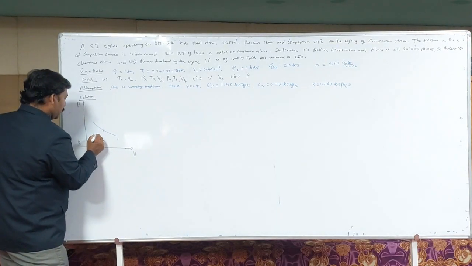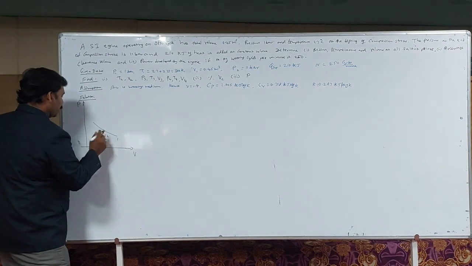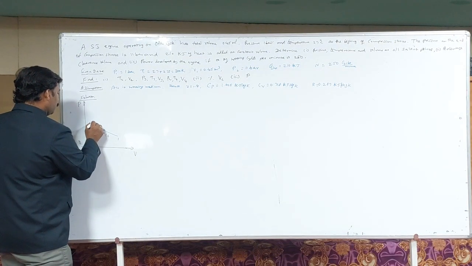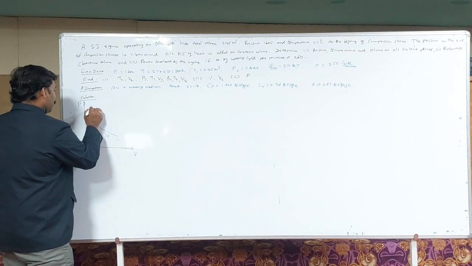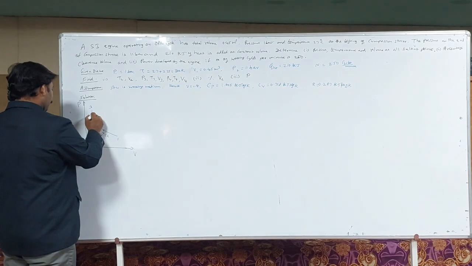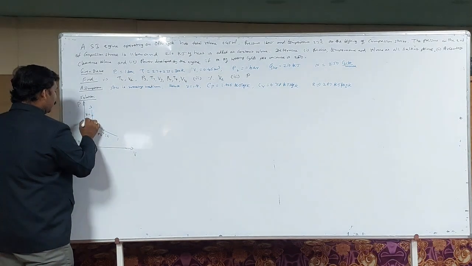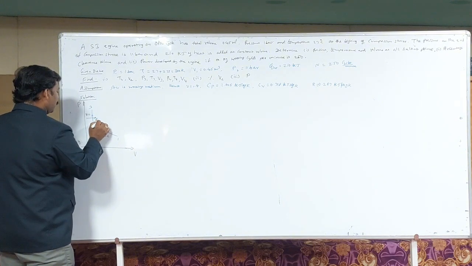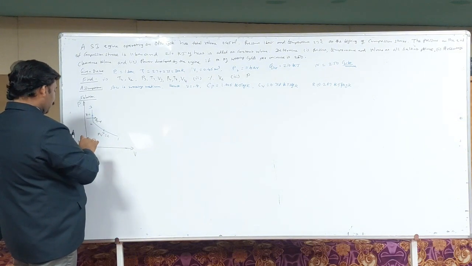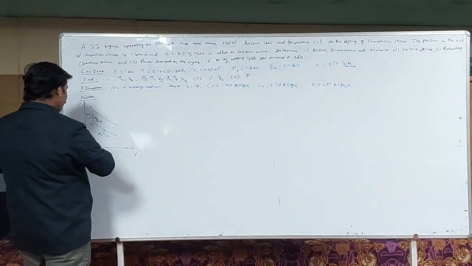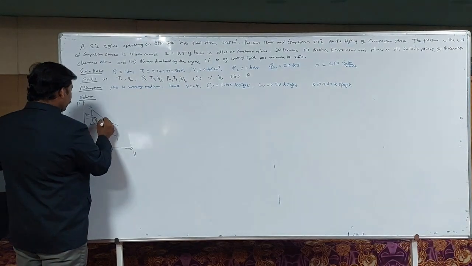Then 2 to 3 process is a constant volume heat addition. Then 3 to 4 is an isentropic expansion process.